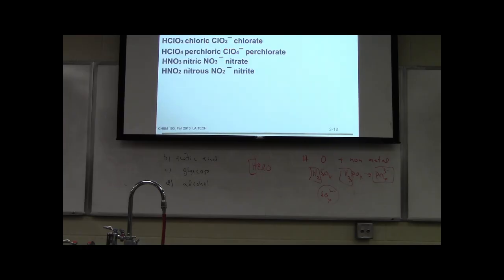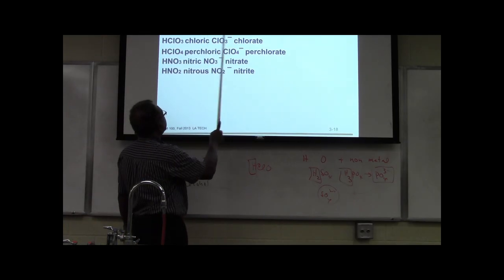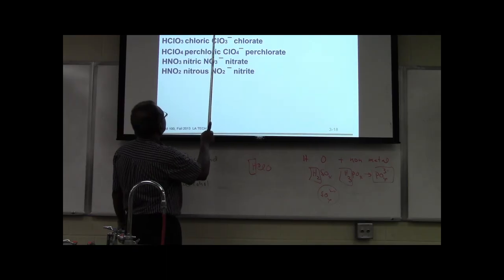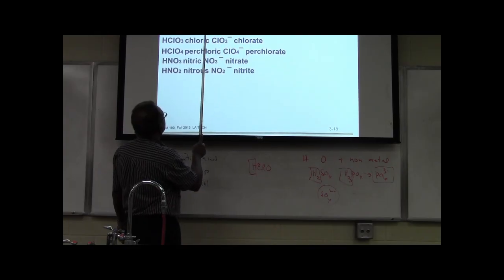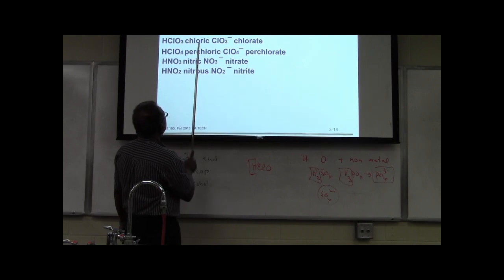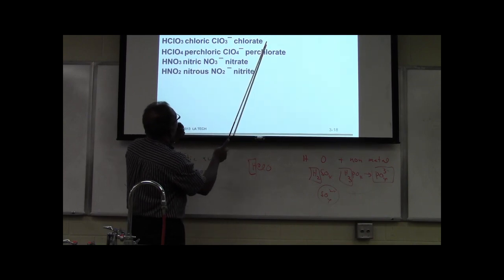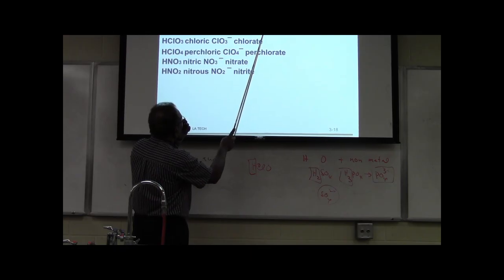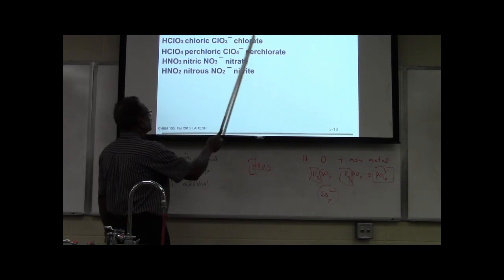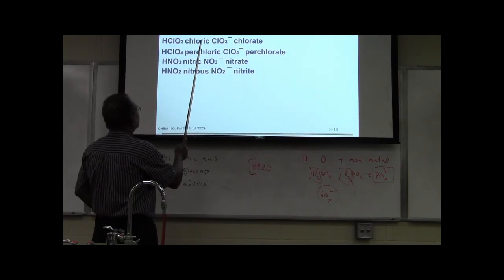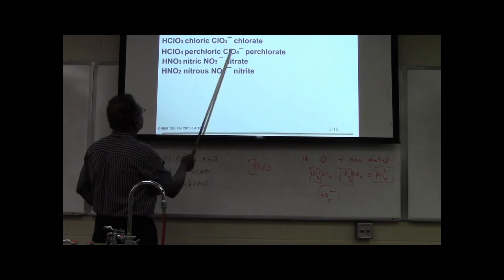Acids give anions. For example, hypochlorous gives hypochlorite. You change the ous, it has to become ite. Chlorous, chlorite. Chloric becomes chlorate. Perchloric becomes perchlorate.